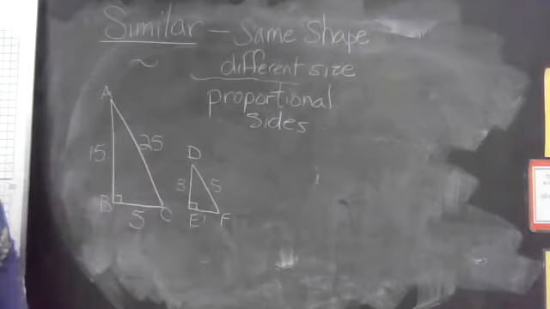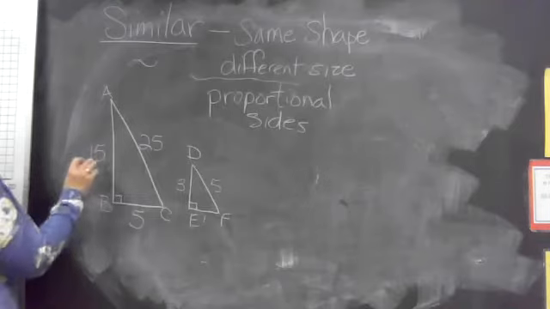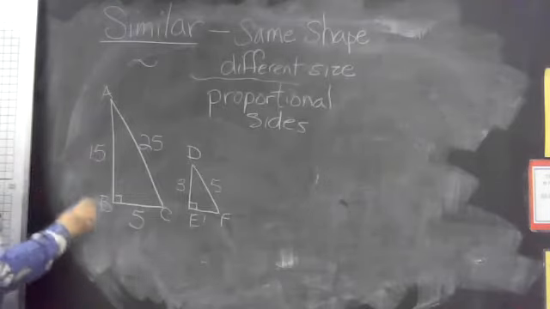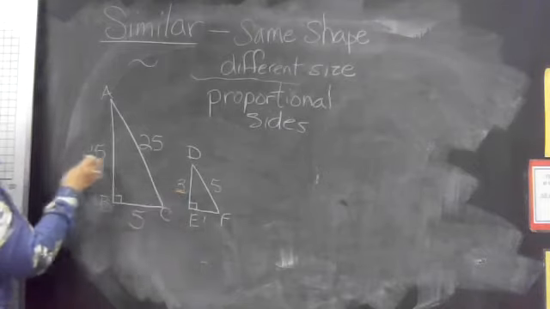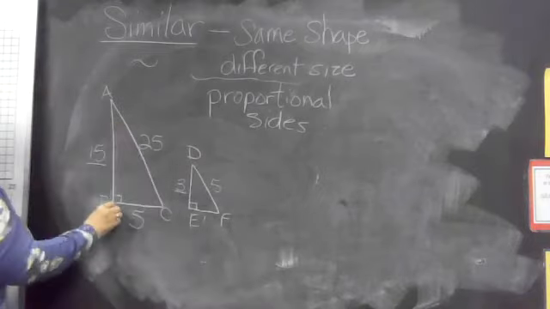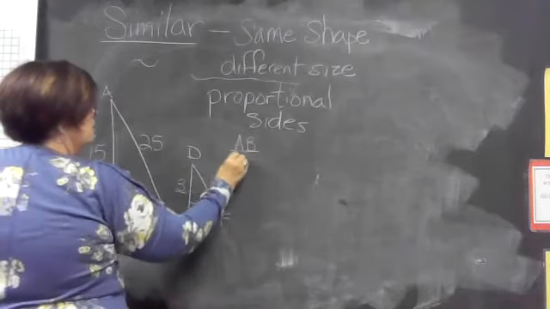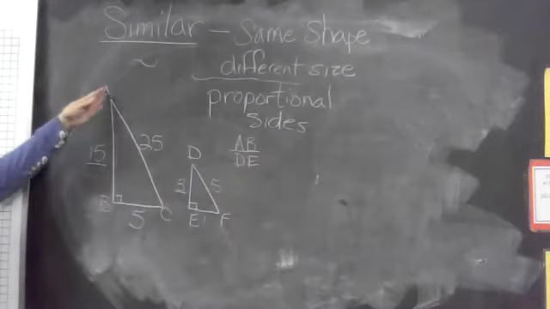and the hypotenuse here, those are corresponding sides. So if you set up a proportion, let's set up a fraction between corresponding sides, okay? If I want to set up a fraction with this corresponding side, I'm going to say AB over DE. Y'all don't have to write the AB over DE, but I am indicating which number I am going to write down.